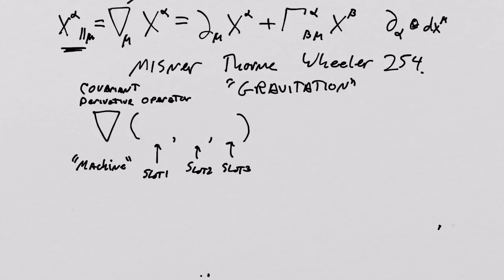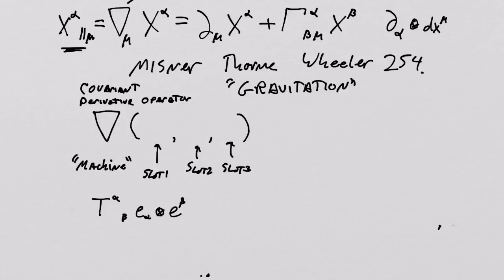We know that a tensor, say a 1-1 tensor, which would be say D alpha beta, like that, and the 1-1 tensor would have, well, let's go back to our abstract notation, E alpha tensor product E beta, like that. This is a mapping that takes two slots. The first slot requires a covector, and the second slot requires a vector.